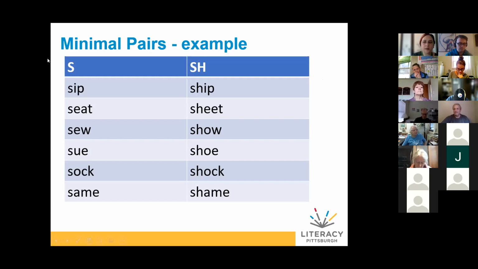Okay, first column, we're going to practice the s sound. Sip. Good. Seat. Good. So. Sue. Sock.